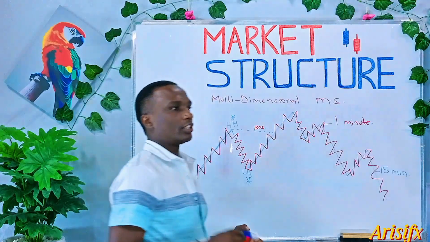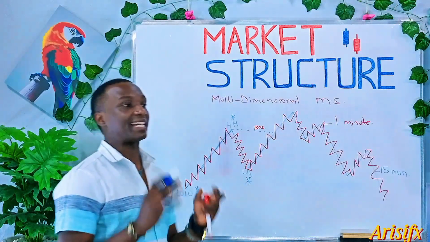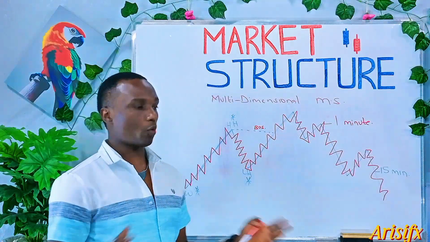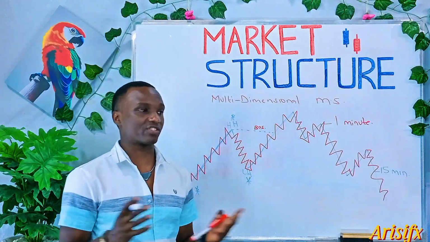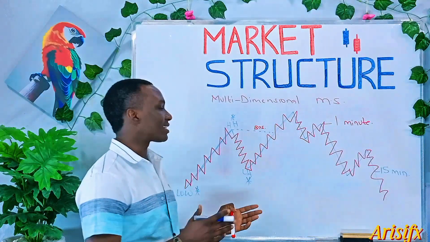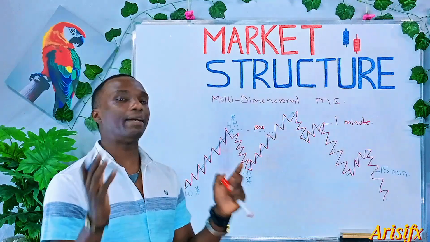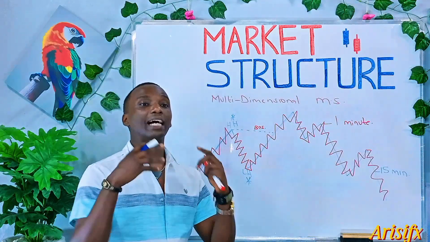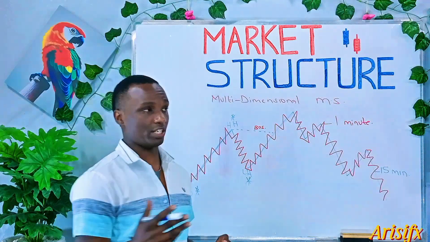One of the biggest mistakes that many traders make while trying to trade the market structure is that they forget that the market structure is multi-dimensional and it is not in a singular dimension.